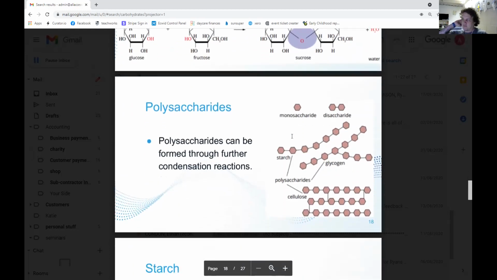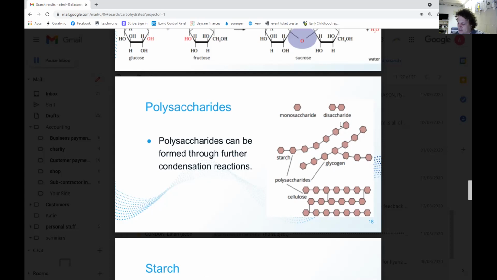Then we go down to our polysaccharides. The monosaccharide is glucose, disaccharide is glucose and fructose to make sucrose or table sugar. We then have starch. Starch is what plants use to store energy.